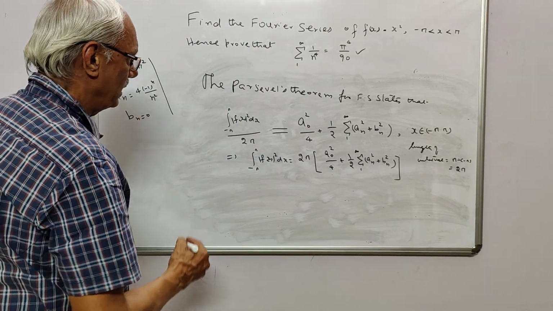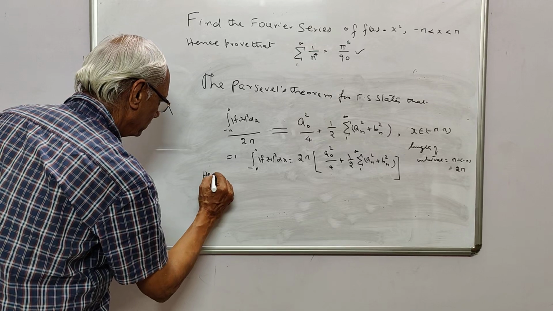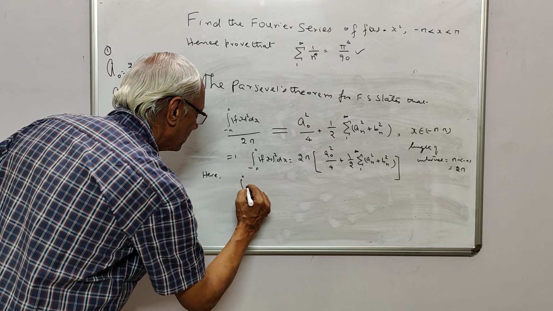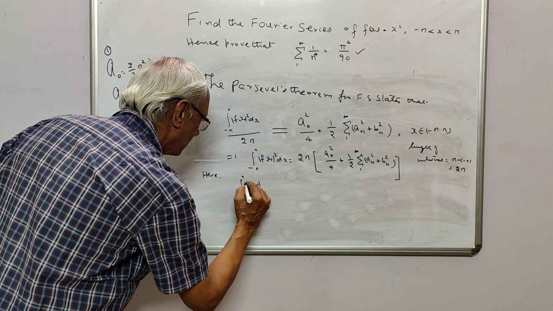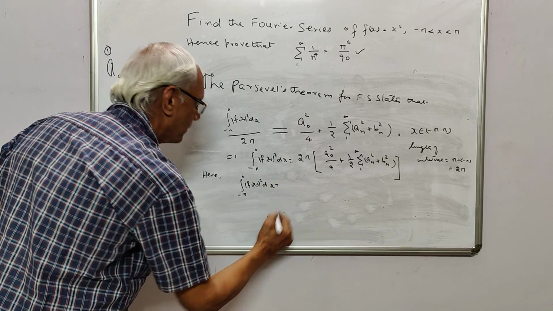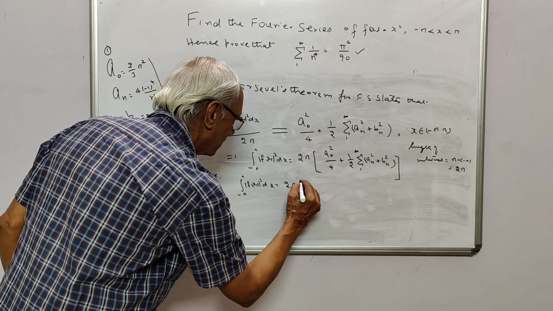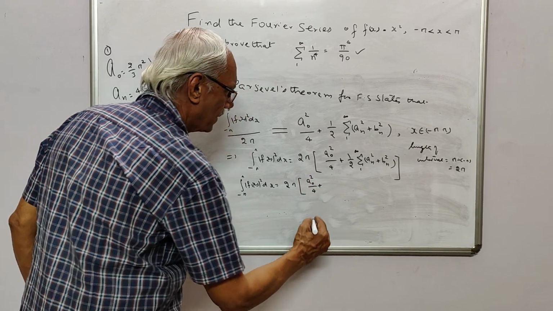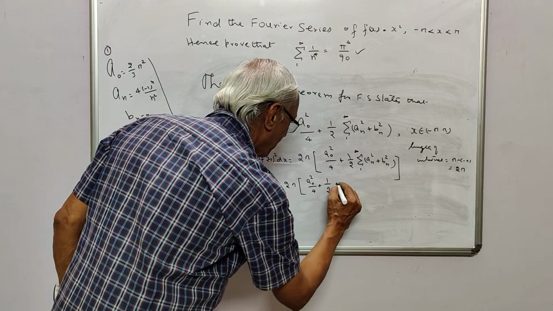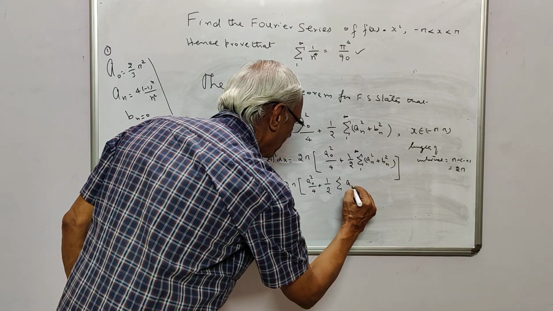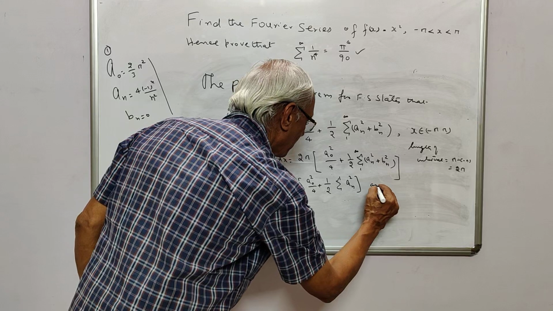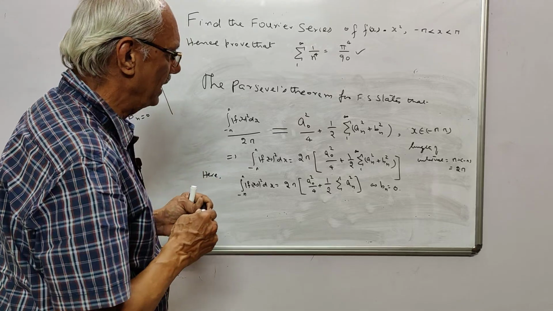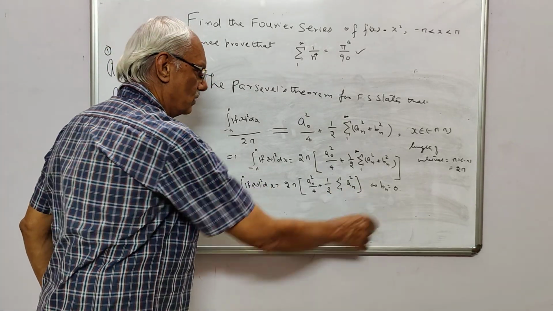Okay, this is what we get here. It is equal to, so here it is sigma of a n squared only because your b n is equal to 0.